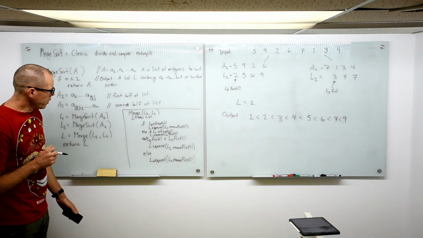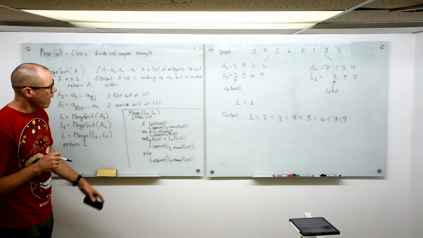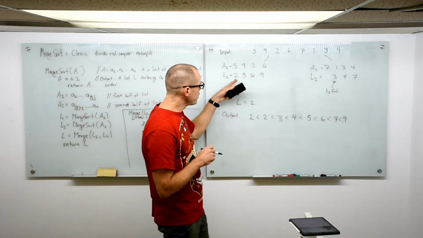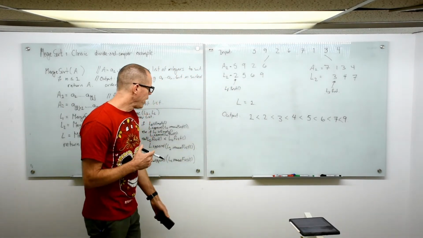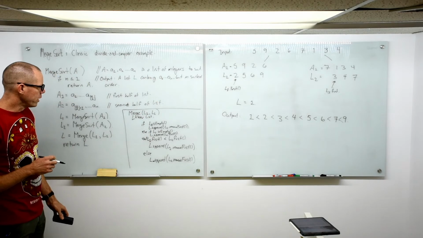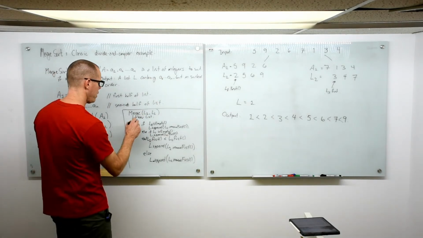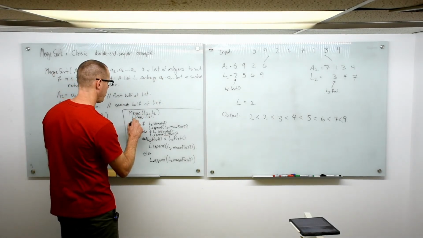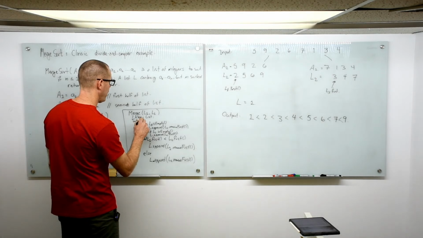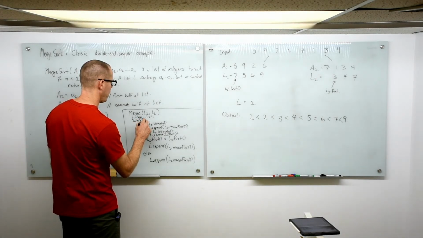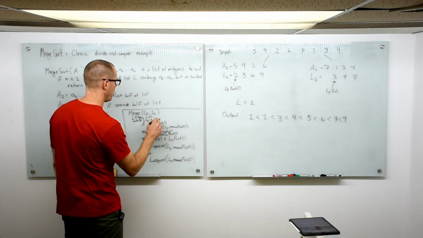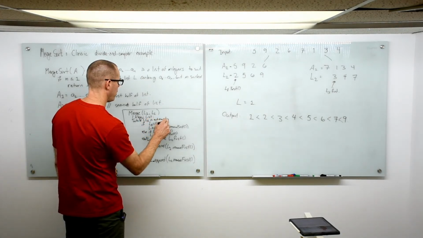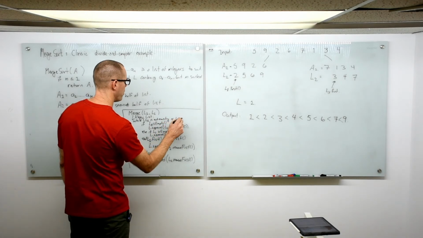And eventually, everything is going to become empty. These two lists are both going to become empty, and that means we're done. So this whole thing should be in a loop like this, maybe while L1 is not empty or L2 is not empty.